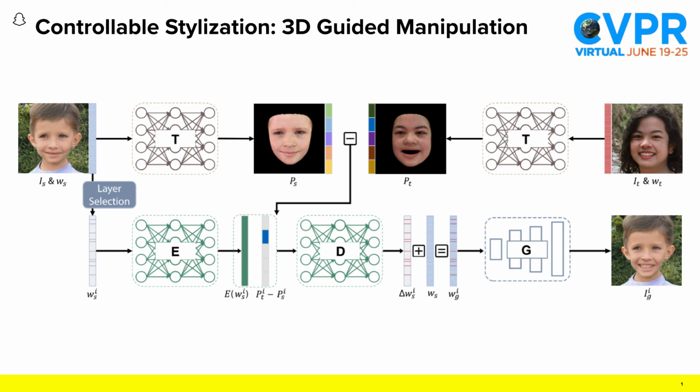After the user performs the manipulation to the 3DMM parameters, the differences of the editing are injected to the latent encoder-decoder network E and D to update the latent code to reflect the manipulation. And finally, the updated latent code is used to generate the image through the pre-trained StyleGAN generator. Please refer to the papers for the implementation details.